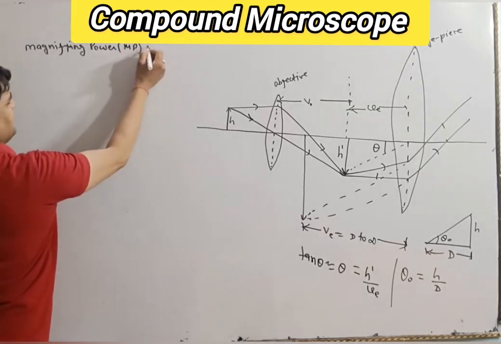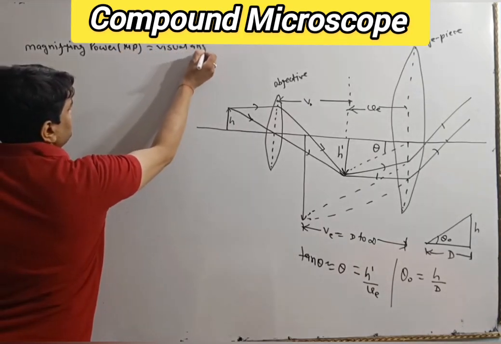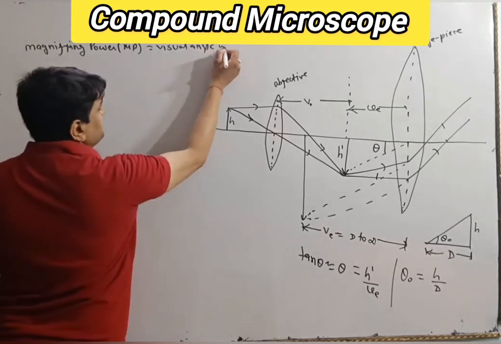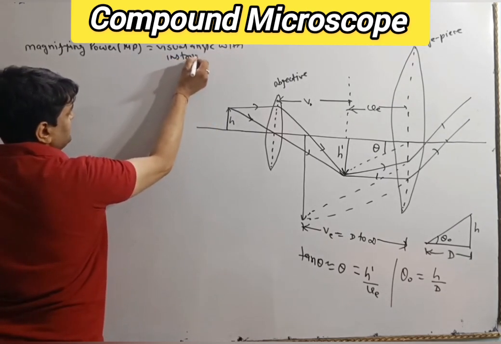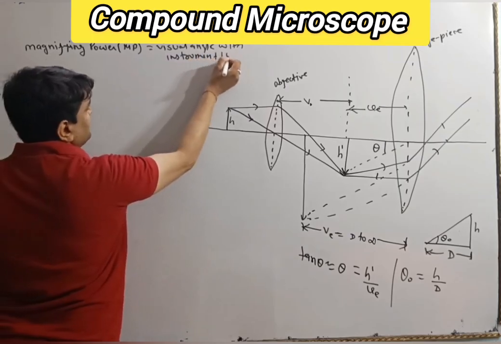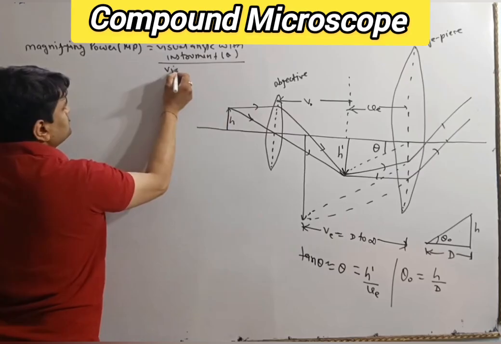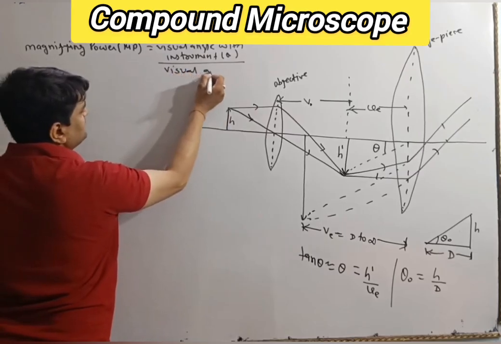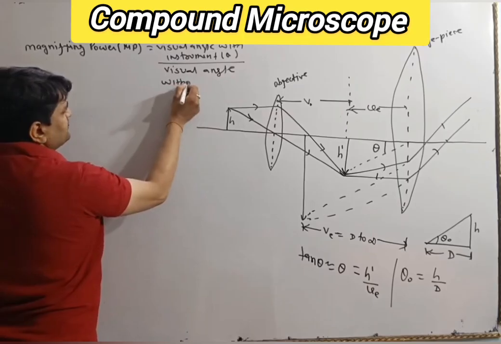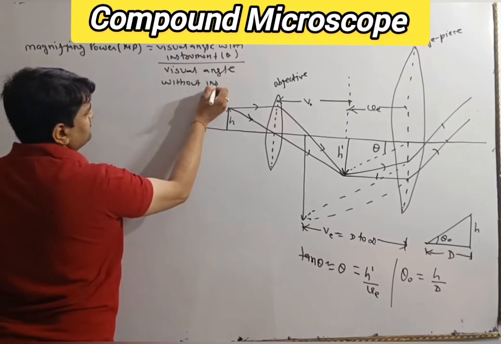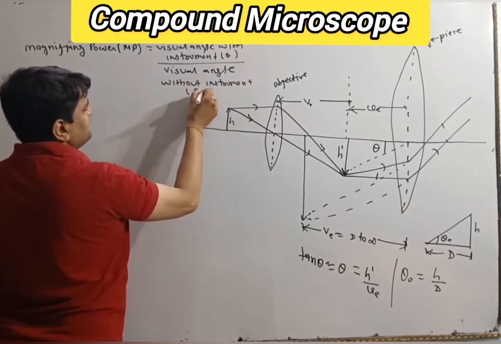And it is defined as visual angle with instrument, that is theta. Okay, and visual angle without instrument, that is theta naught.